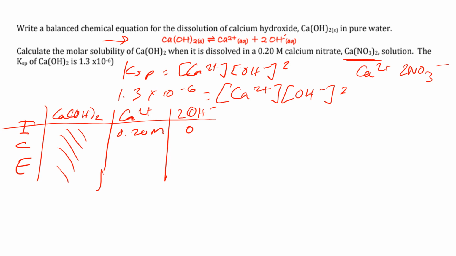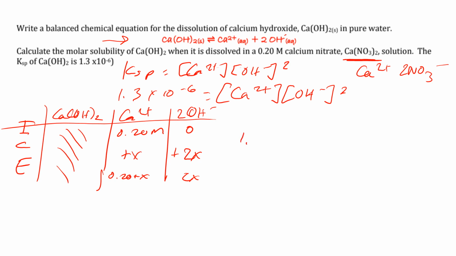So the change. How does it change by? So according to our coefficients, calcium would increase by just 1x. So it's 0.20 plus x. Hydroxide ions would increase by 2x, so 0 plus 2x is 2x. So what you do now is need to solve for x.